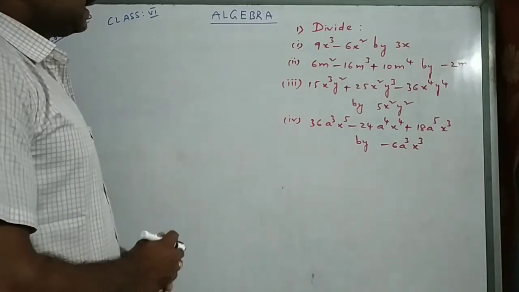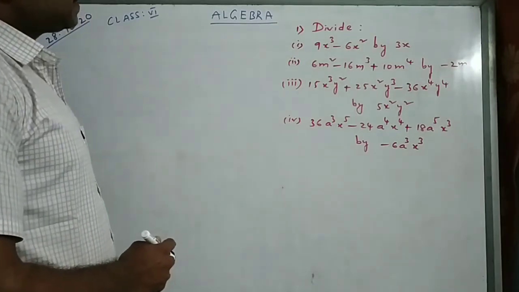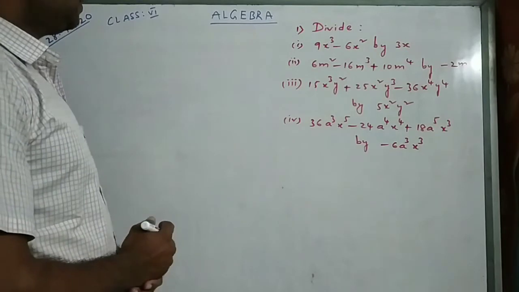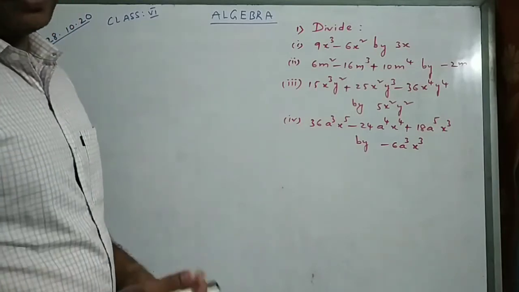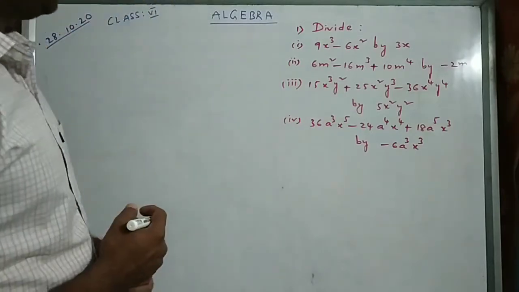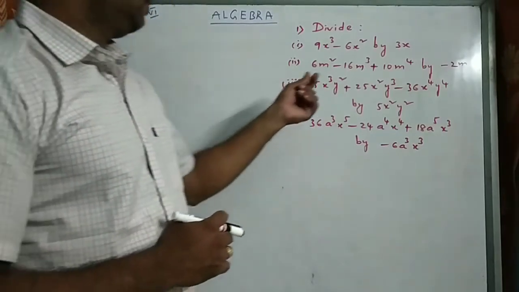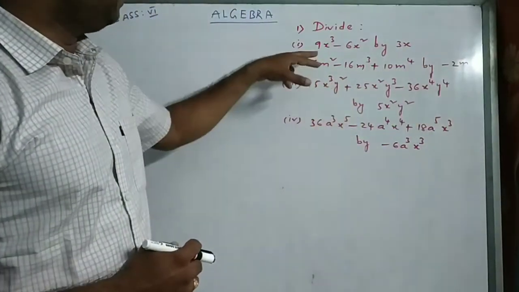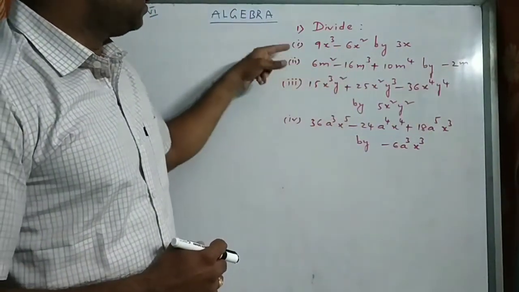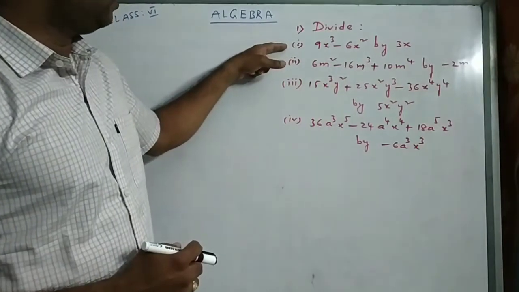In the previous class, we discussed division of a monomial by a monomial, right? Now, the divisor is a monomial, but the dividend is not a monomial. In the first problem, it is a binomial.